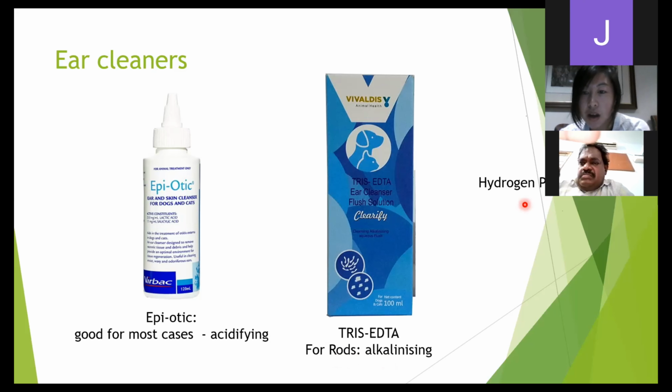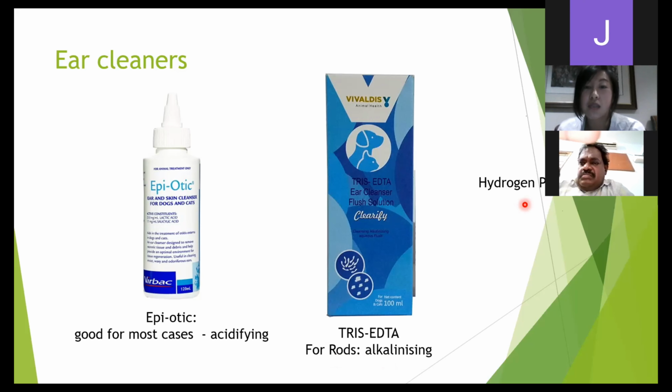There was a question about hydrogen peroxide, whether you can use this as an ear cleaner. I personally haven't. I haven't needed to, but I know in the past it has been used. I think it's just very irritant to the ear canal, so it can be quite painful for the dog. And it's also a risk of ototoxicity into the middle ear if the tympanic membrane is not intact.